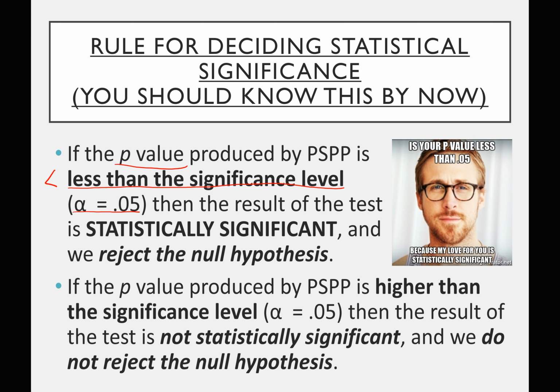If that p-value is greater than 0.05, this is when we say the result is not statistically significant, and we do not reject the null hypothesis. So here we have p less than 0.05 versus p greater than 0.05. Again, hopefully that's a little review.